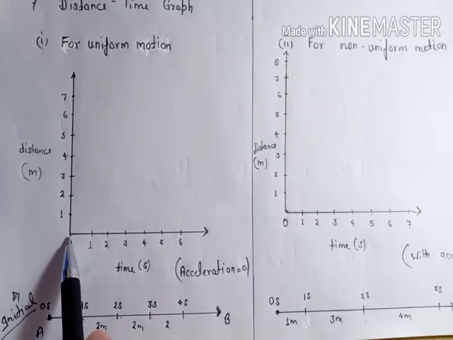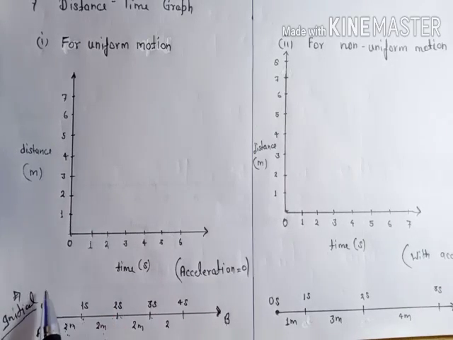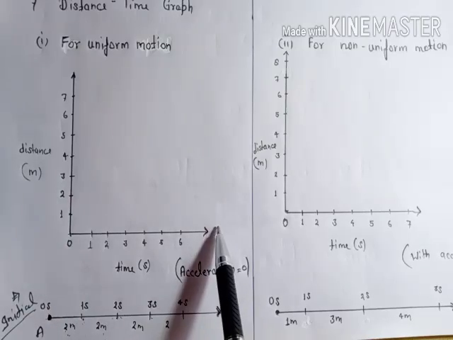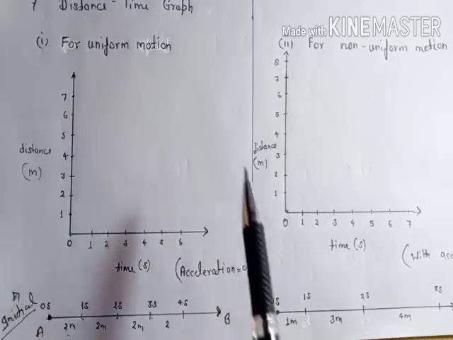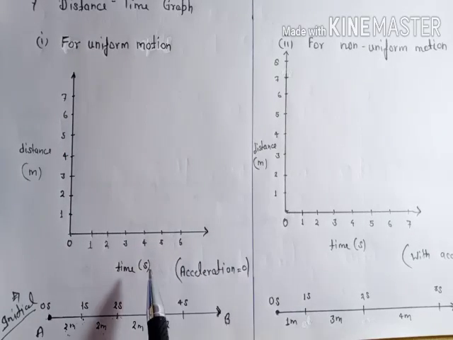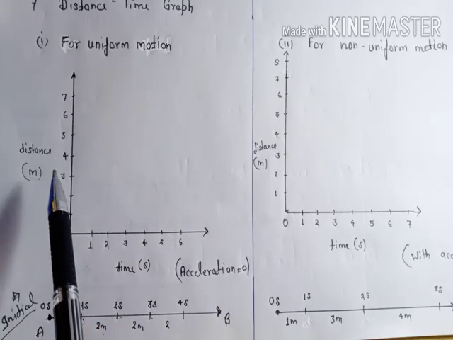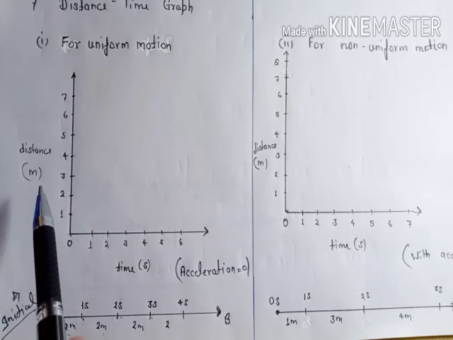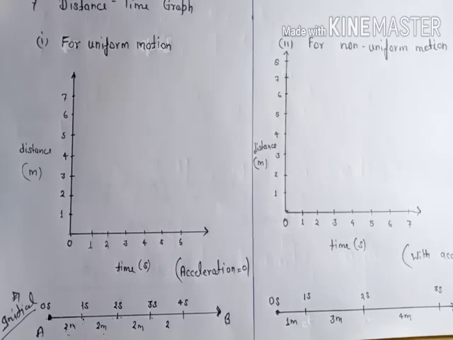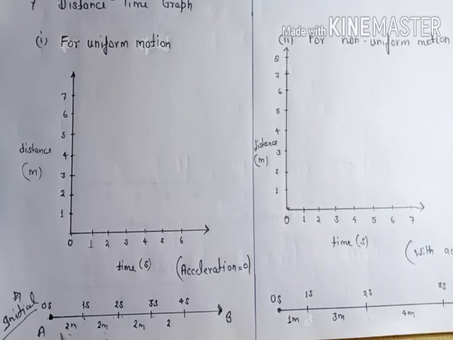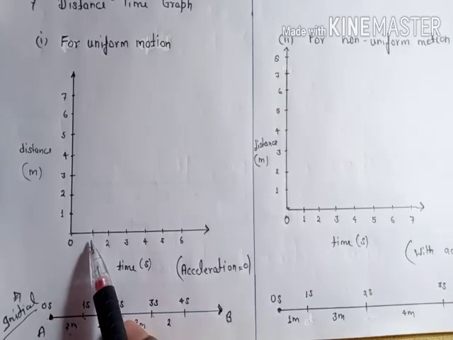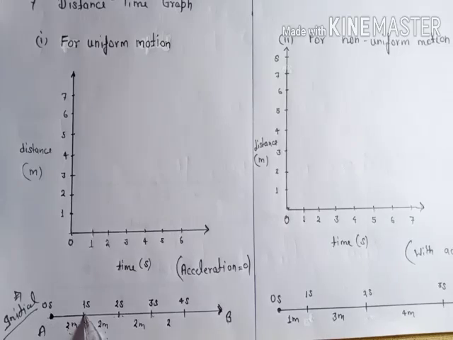you can see there is a graph, two perpendicular axes are there. This is 90 degree here, this is x-axis, this is y-axis, and x-axis is considered as axis for time, and y-axis is considered as axis for distance. You can see from here, for this first second, distance traveled is 2 meter.